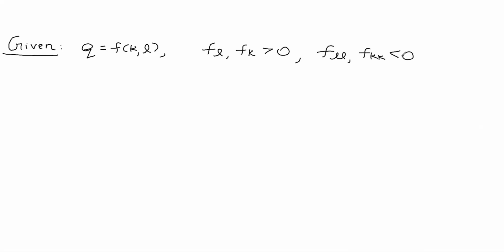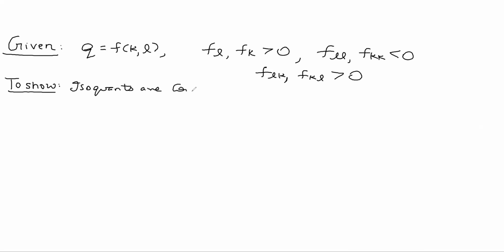We also know that the cross marginal productivities FLK and FKL both are positive. We need to show that isoquants are convex to the origin.